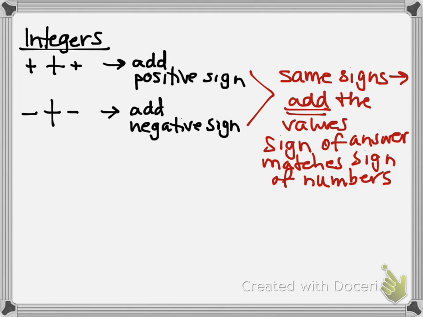So these two types of problems are very clear-cut. Same signs I add, and my answer sign is going to match whatever signs my numbers have. That just makes sense. But when the scenario changes, and I now have a positive plus a negative, what math am I doing with them? I'm going to end up subtracting.